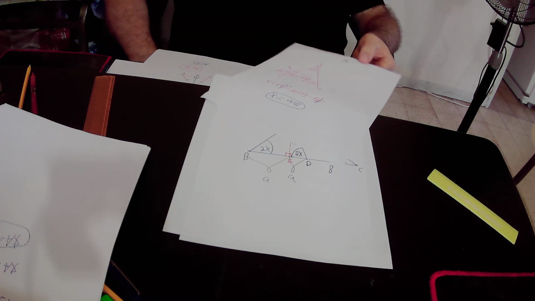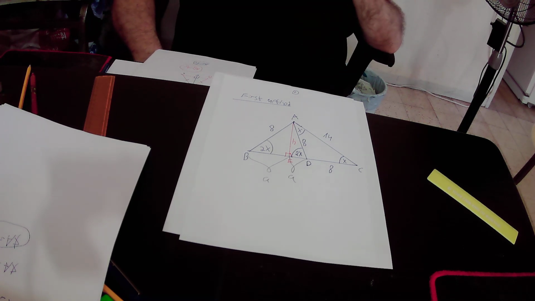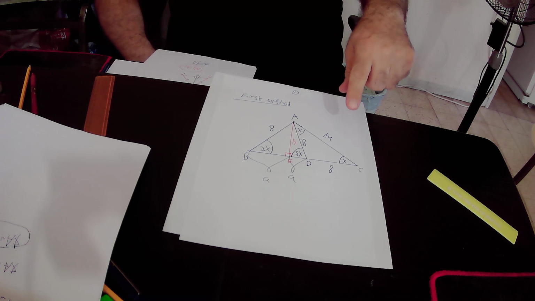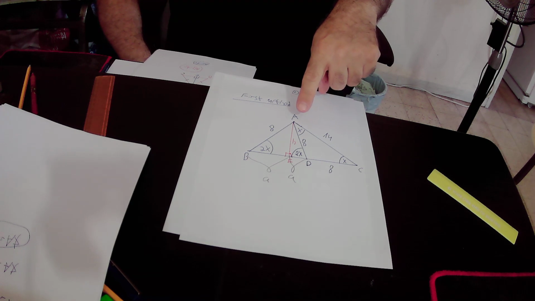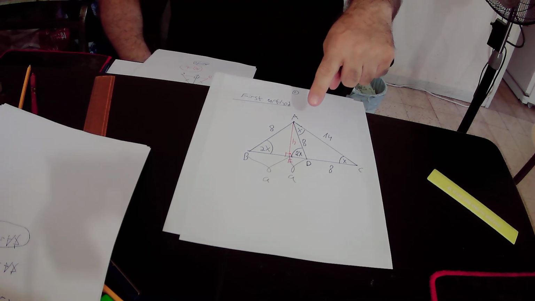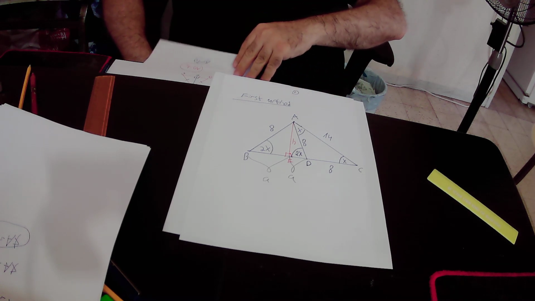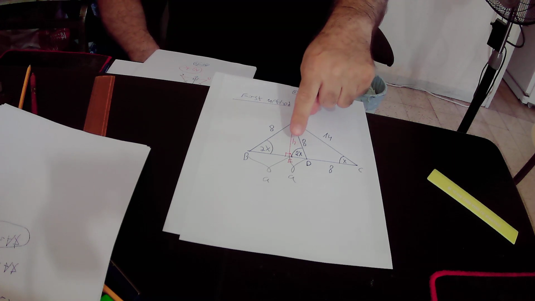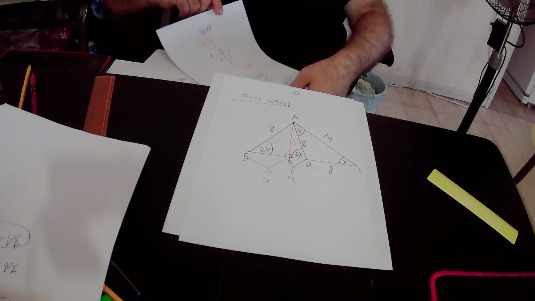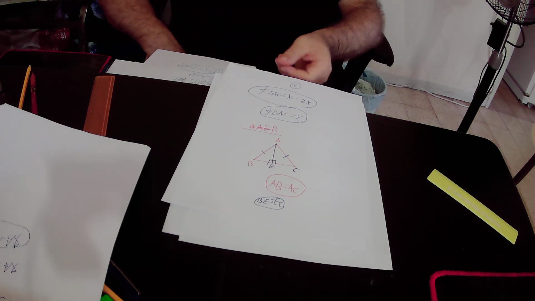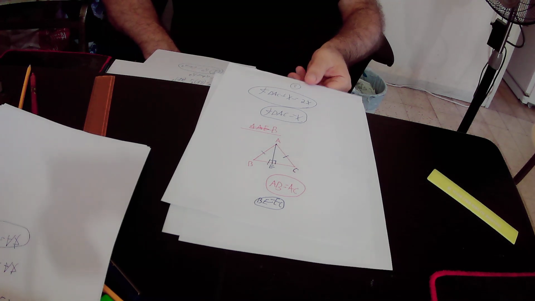So we can implement this rule in our triangle ABC, because in triangle ACD we have angle DAC and angle x. So angle DAC plus angle x must be equal to this exterior angle, that is actually 2x.